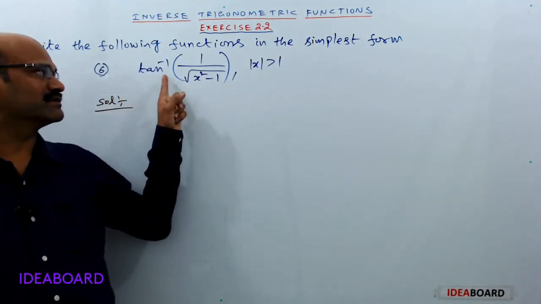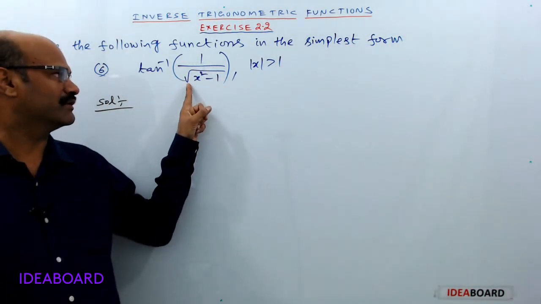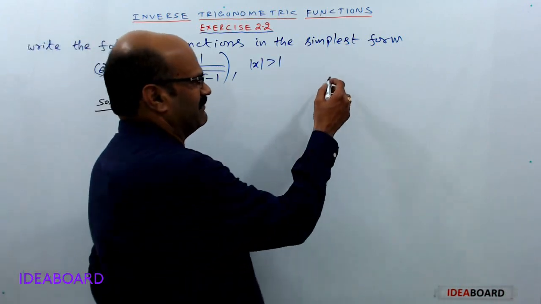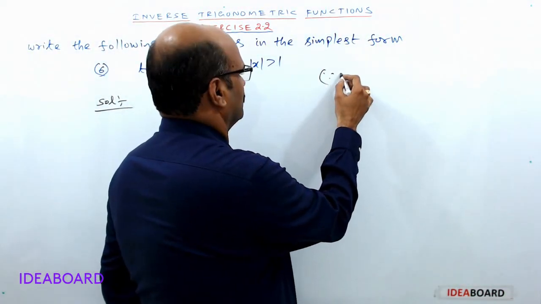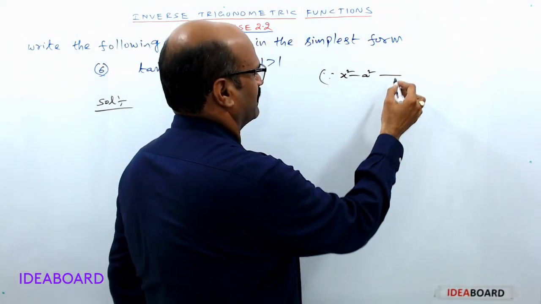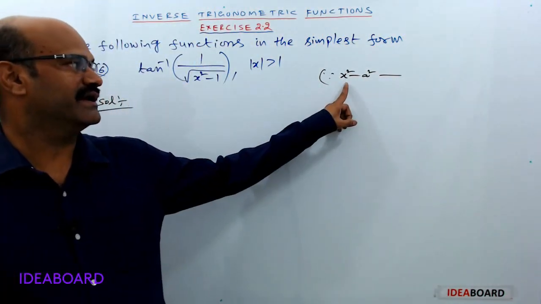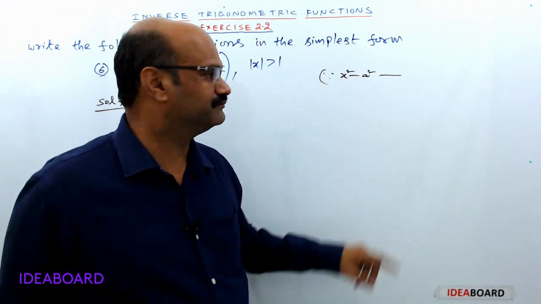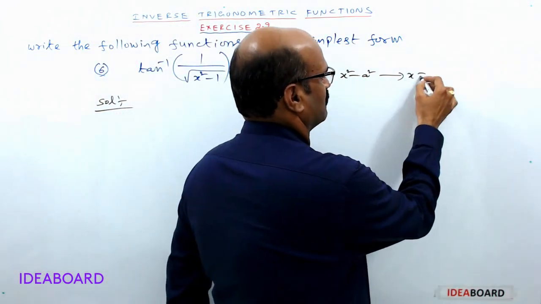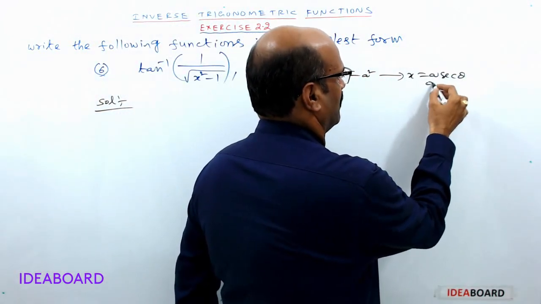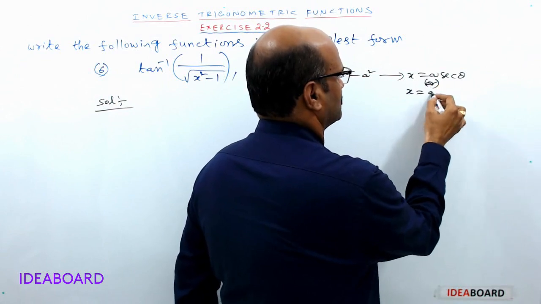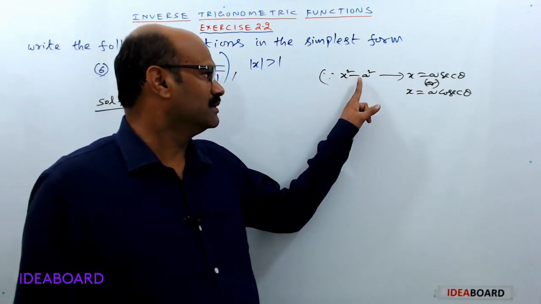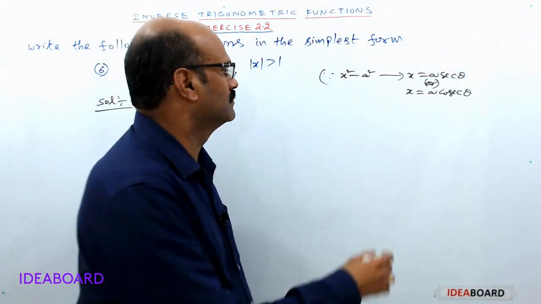Sixth problem, tan inverse of 1 upon square root of x square minus 1. If the given expression is of the form x square minus a square, take x equal to a secant theta or a cosecant theta. Put a equal to 1 here.